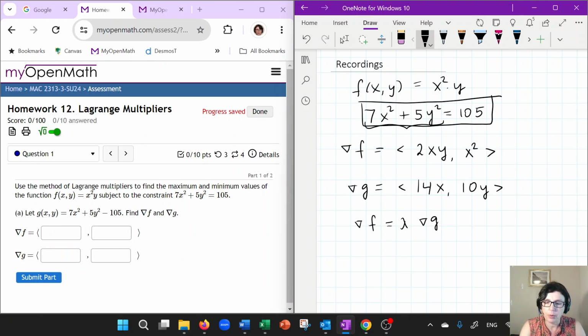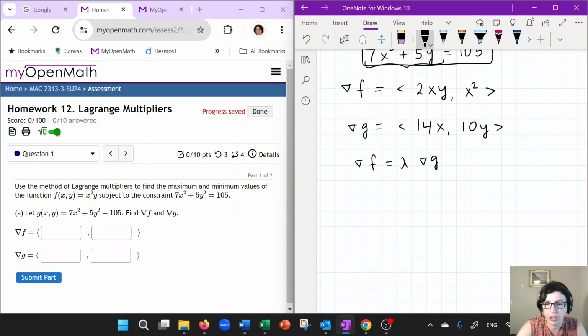Now, normally what you would have to do is worry about either x or y being 0. So what I'm going to do first is assume that x is not 0 and also y is not 0, so we do not have to worry about dividing by 0.